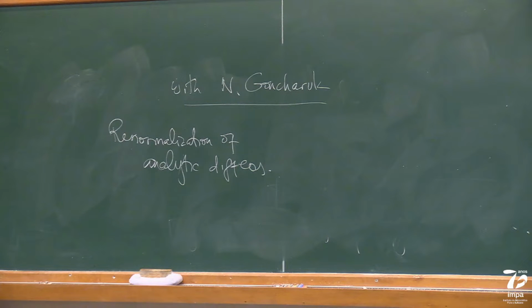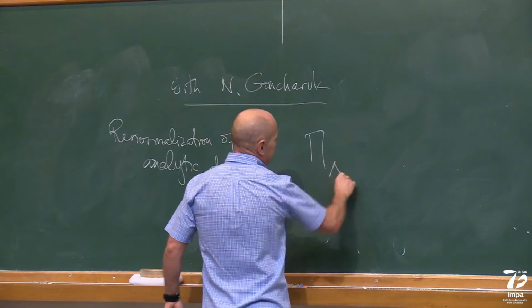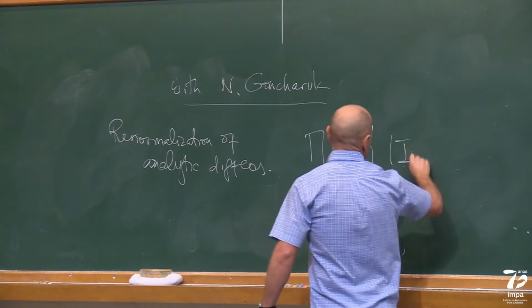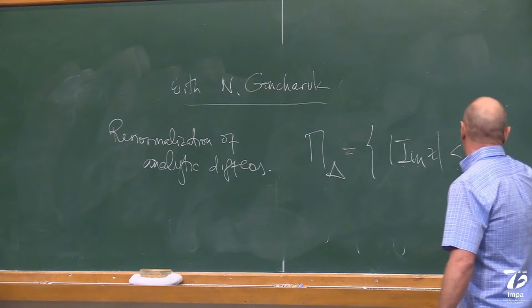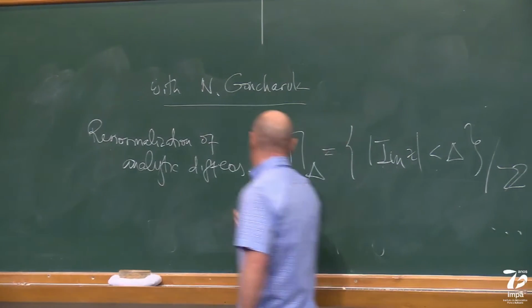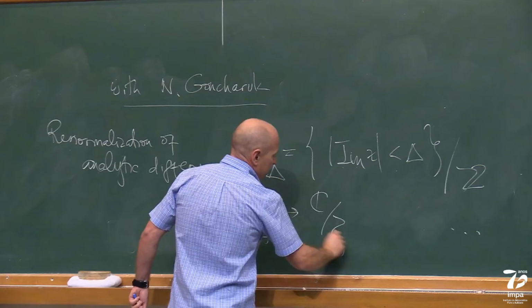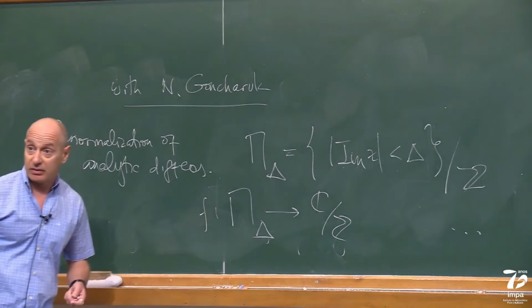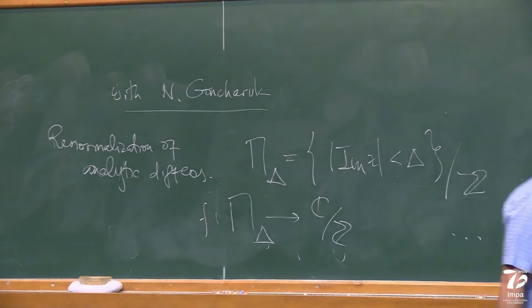To work in some sort of a Banach manifold, we'll just fix the modulus of this annulus. So there is some delta such that, I'll call it pi delta, this is the annulus imaginary part of z is less than delta, mod the integers. So F would be defined in here, and it's analytic, right? It's an analytic circle map. We'll just look at bounded analytic maps in this annulus.